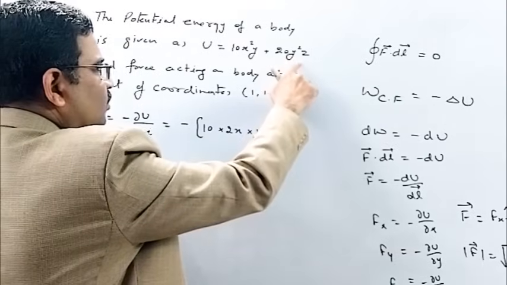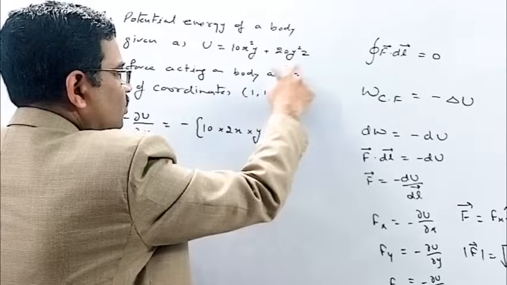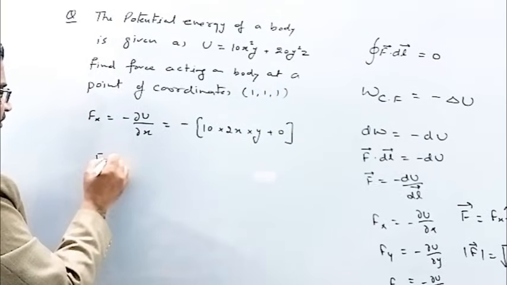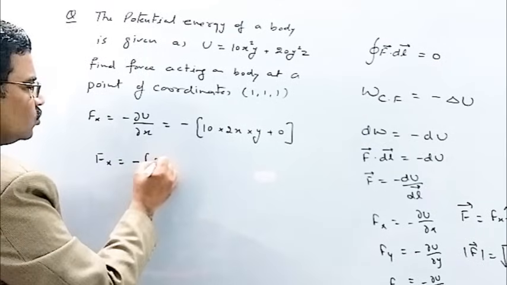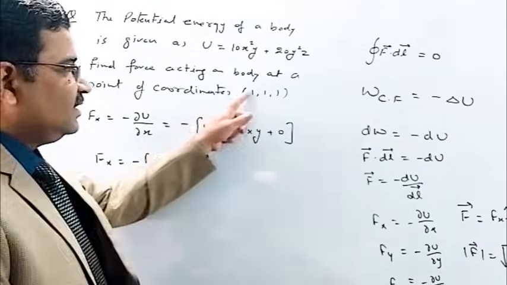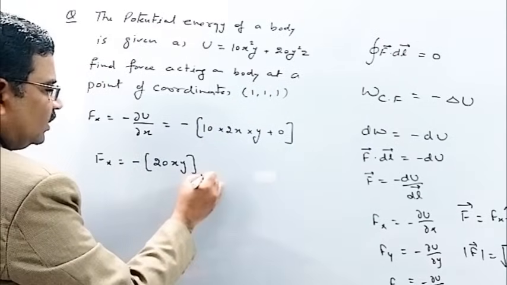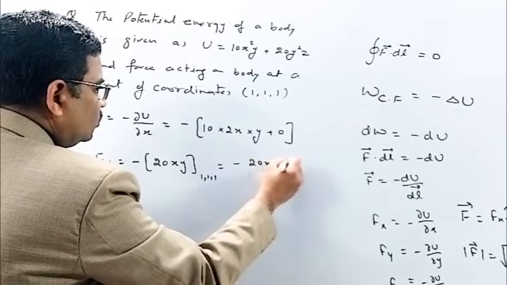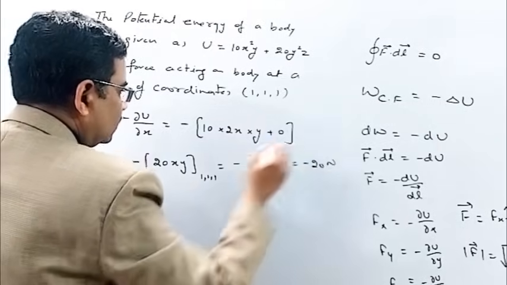Here y and z both are constant. This means this total quantity is constant, so its differentiation is 0. So I get fx is equal to minus 20xy, and x, y, z are given as 1, 1, 1. So I will put them. So I get minus 20 into 1, so that is minus 20 Newton.